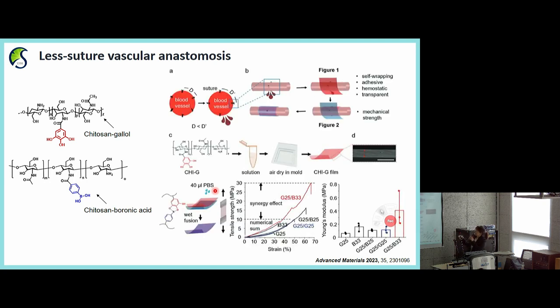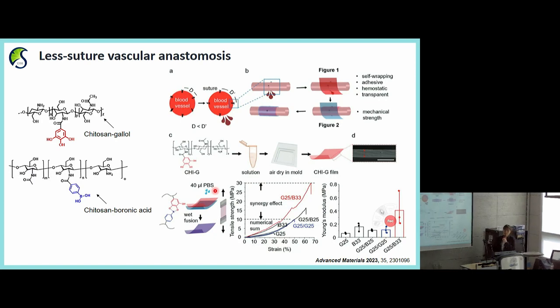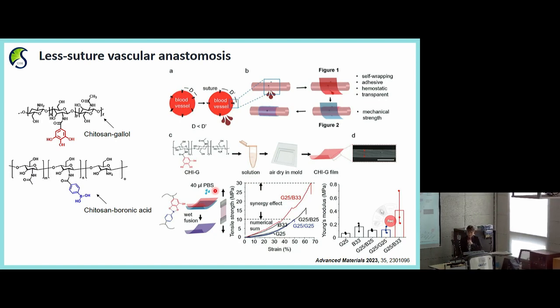When you transect the blood vessels, we need to do suturing for stable sealing of the blood vessels. But if we use this film material, we can support the sutures for the stable sealing, like here. Firstly, we apply the adhesive material on the blood vessels, and secondly we apply the elastic film for the stable sealing of the blood vessels.